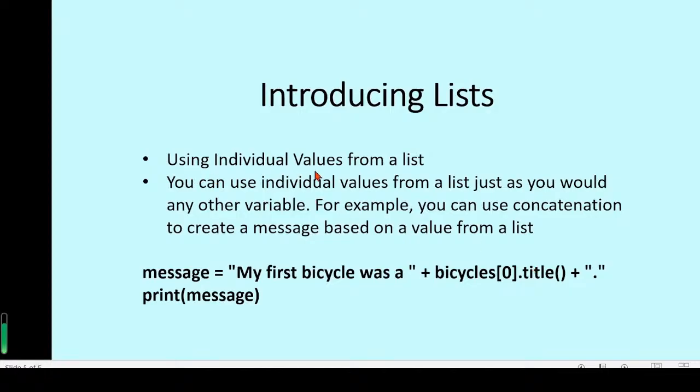Using individual values from a list, you can use individual values from a list just as you would any other variable. For example, you can use concatenation to create a message based on a value from a list. So we can get the first bicycle and use its title form, then concatenate this item with this string and this string.